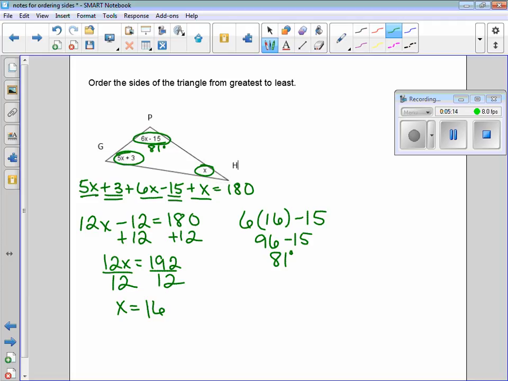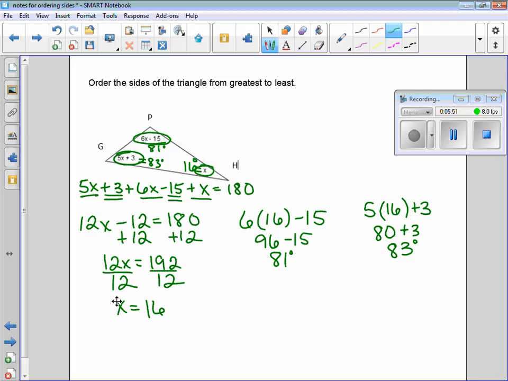Angle G is 5x plus 3. Substituting x equals 16, I have 5 times 16 plus 3. 5 times 16 is 80, plus 3 is 83. Angle H is just x, so there's nothing to solve there. X is 16, so angle H is 16 degrees.